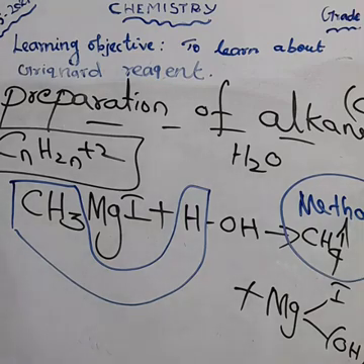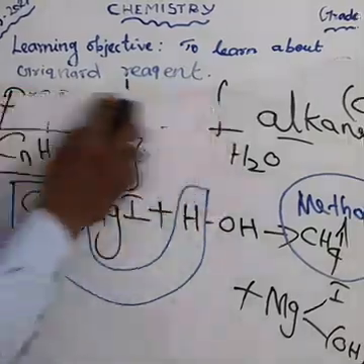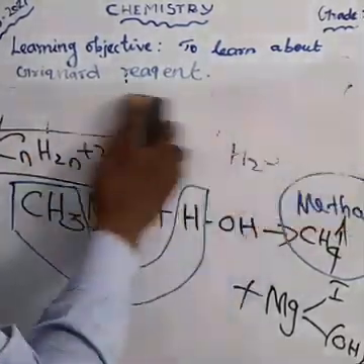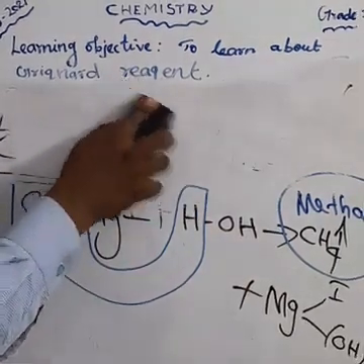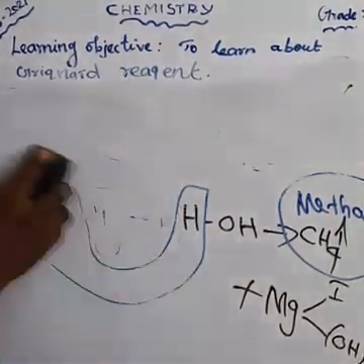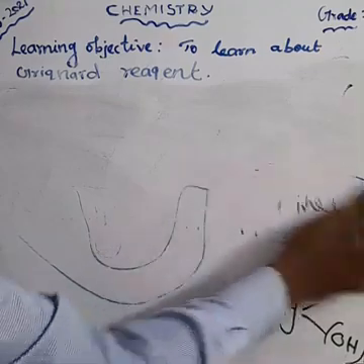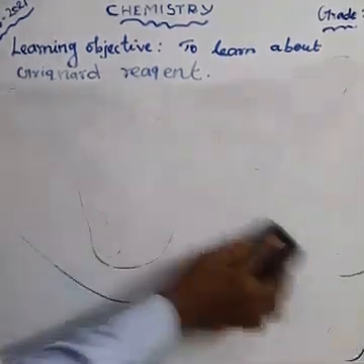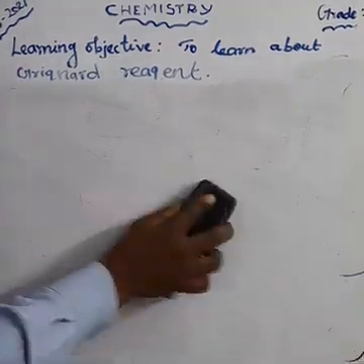My dear children, we learned about the preparation of Grignard reagent. For example, CH3MgI, methyl magnesium iodide. Preparation of methyl magnesium iodide.